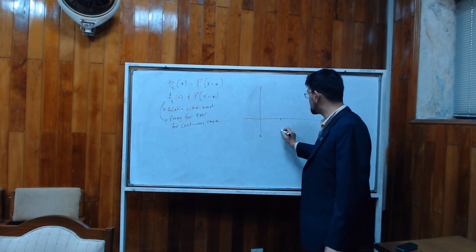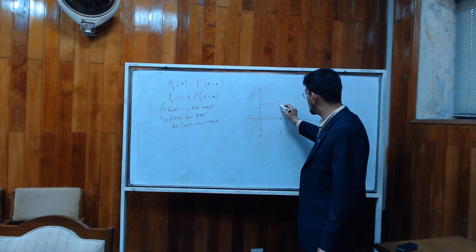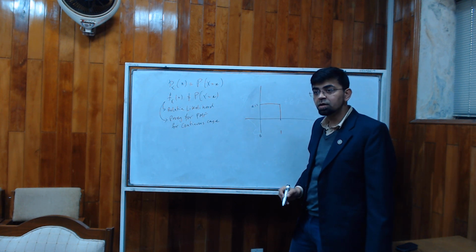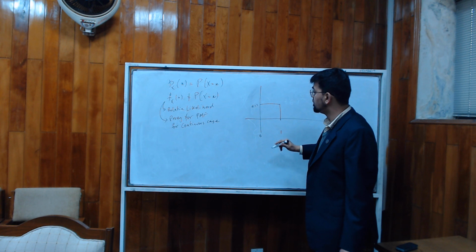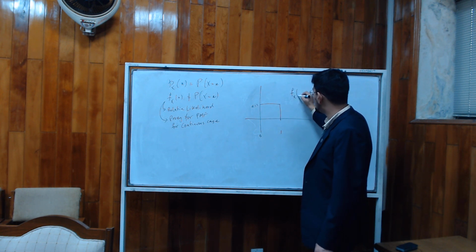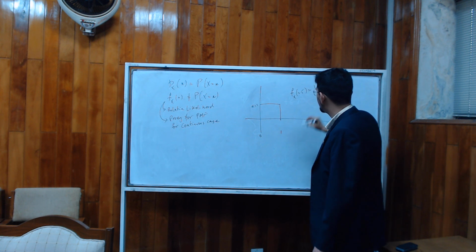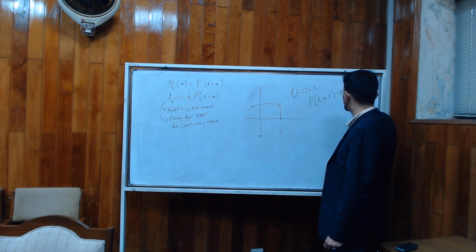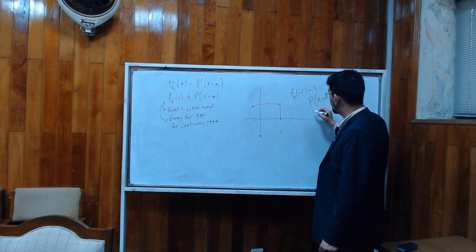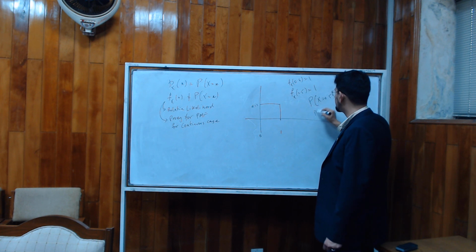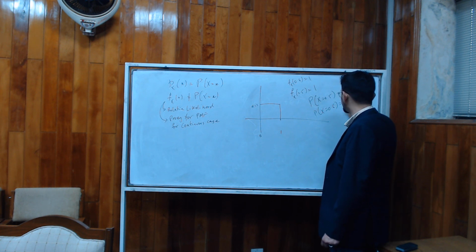If this is 0 to 1, then this is a uniform distribution, and the total area will be 1. The PDF now, let's say f_X at 0.5 equals 1. Is it saying probability X equals 0.5 equals 1? And let's say f_X at 0.6 also equals 1. Is it saying probability X equals 0.6 equals 1?